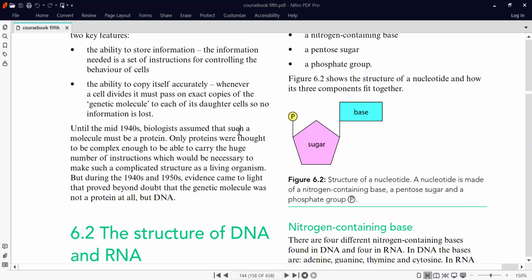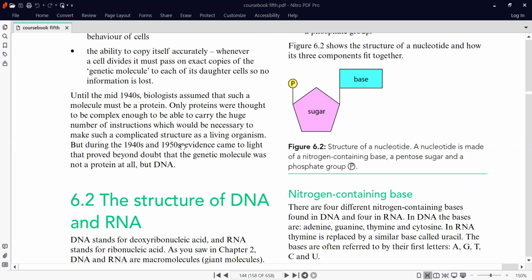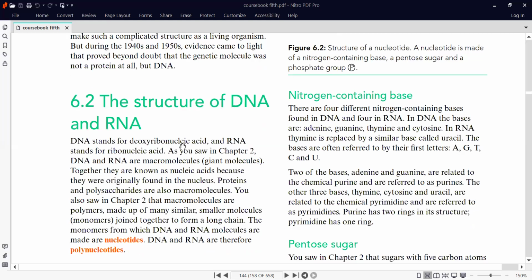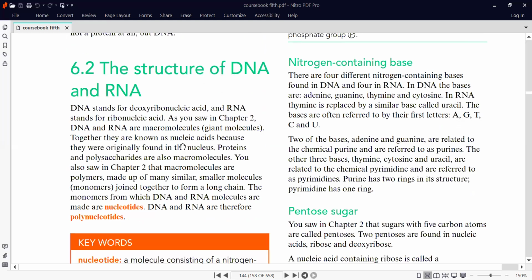So in the 1940s and other research, they found that this type of molecule can be DNA, right? Because previously they were thinking proteins are such an important molecule in the body of any cell, making 50% of the dry mass of any cell, that they should make the hereditary material of the organisms.